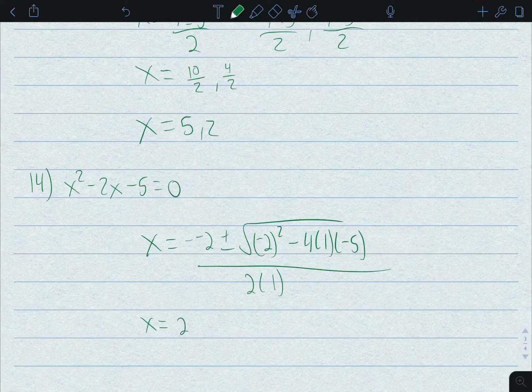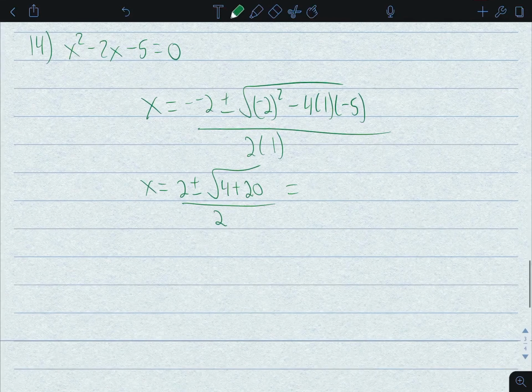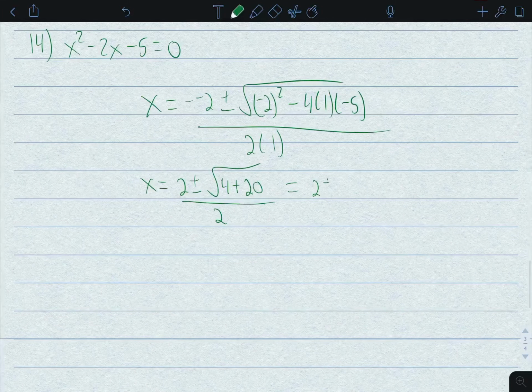So x is equal to 2 plus or minus the square root of 4. And then I have two negatives, 4 plus 20, divided by 2, equals 2 plus or minus the square root of 24 over 2.